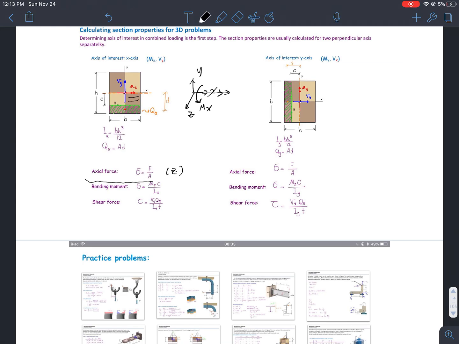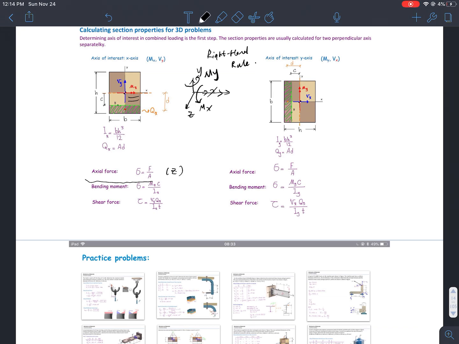So this bending moment, we call it Mx, which is the bending moment with respect to the x-axis. Correspondingly, I will have a bending moment in the y direction. That is, my 4 fingers circle around along the bending moment, and my thumb gives me the y direction. This is also the right hand rule.